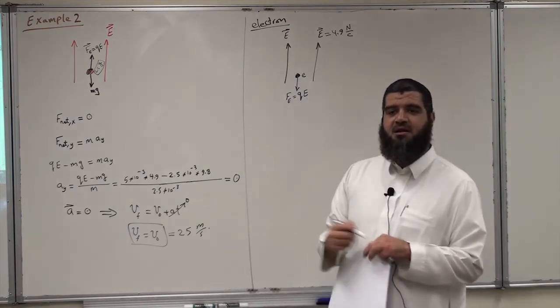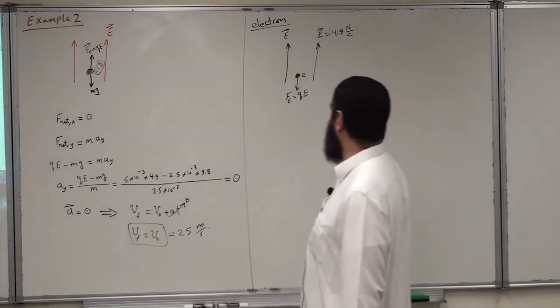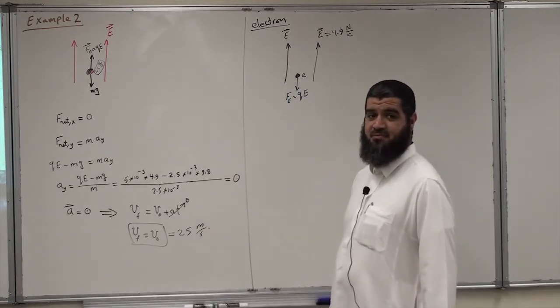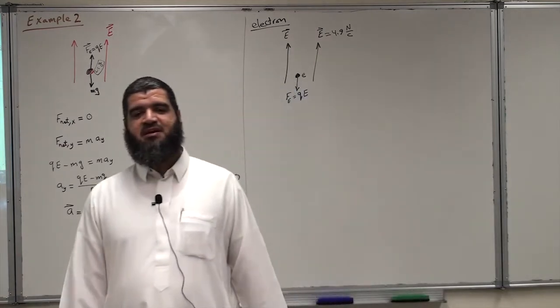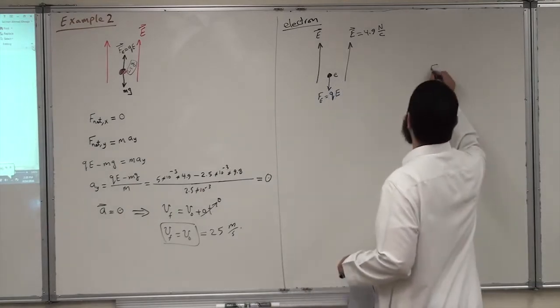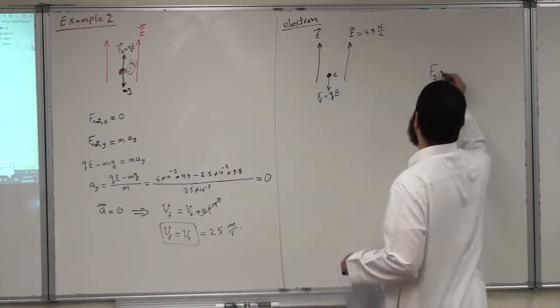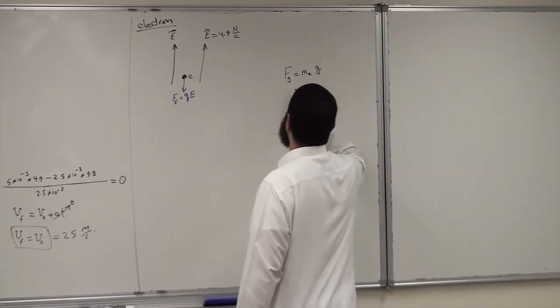Somebody will tell me now, where is the gravitational force? Can we or should we consider the gravitational force? What is the gravitational force in this case? Let me calculate it on the side. Gravitational force Fg for the electron will be the mass of the electron multiplied by g, which is 9.8.